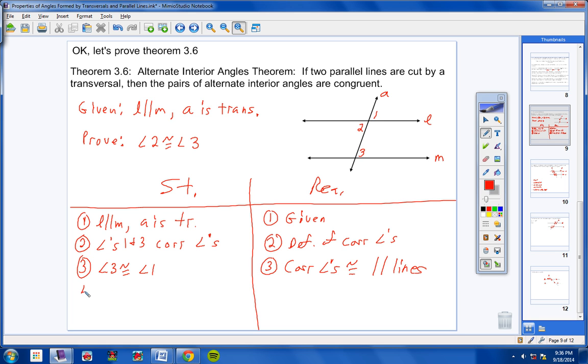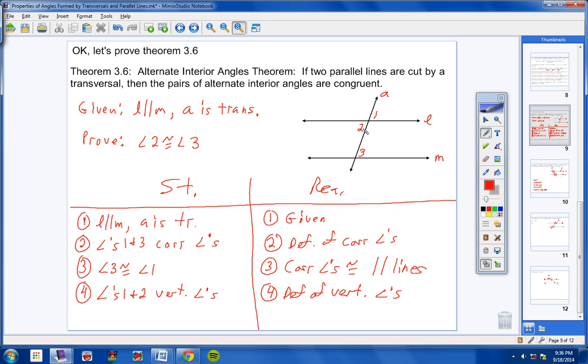Now, number 4, I can definitely state that angles 1 and 2 are what type of angles? Vertical angles. How can I do that? Well, because of the definition of vertical angles, okay? What is the definition of vertical angles? Well, when two lines intersect, the non-adjacent angles, the two angles across from each other, are vertical angles.